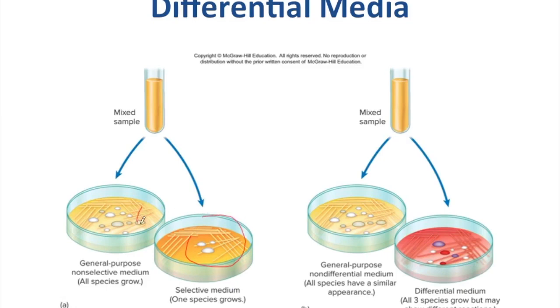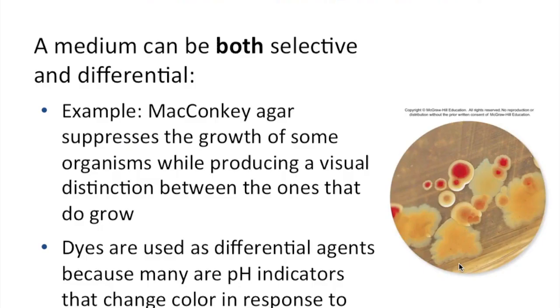However, in the differential media, we can see in this flask we have different microorganisms growing. Since we have chemicals in this media, some microorganisms may get a purple color, some may get a red color, some may grow bigger, some grow smaller. So this is the differential media.